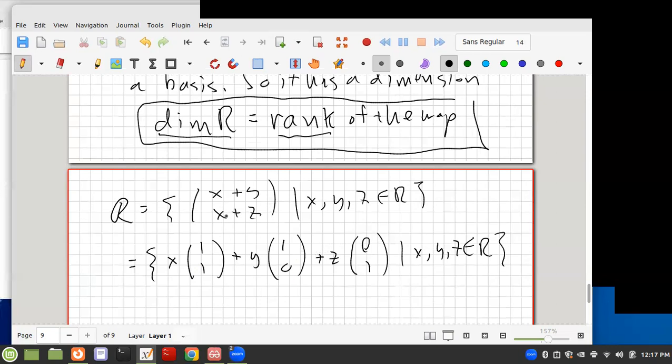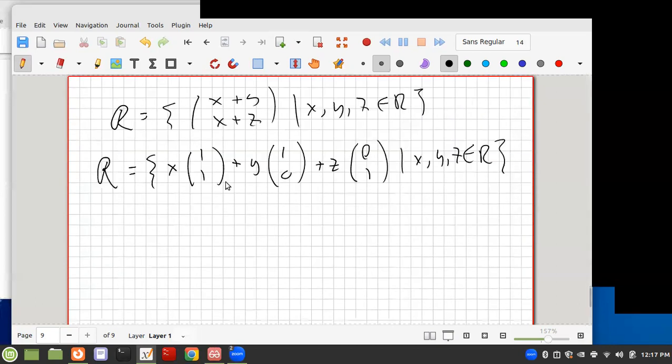Now we've written R as a span, so we have a candidate basis, these three vectors.